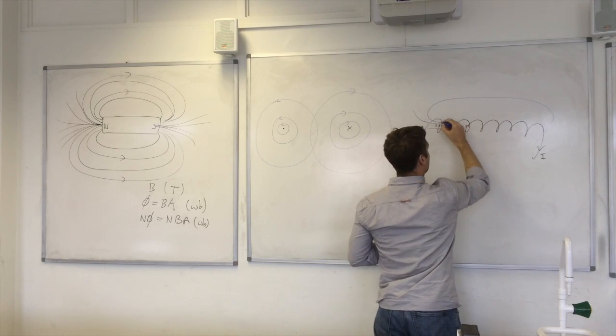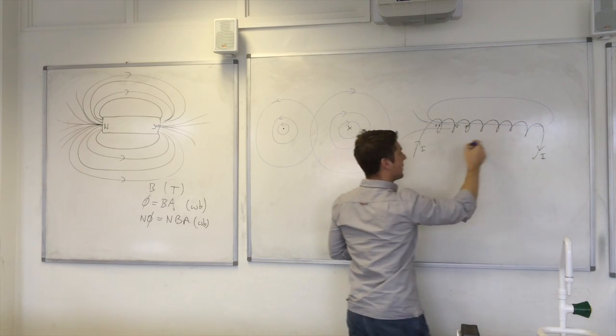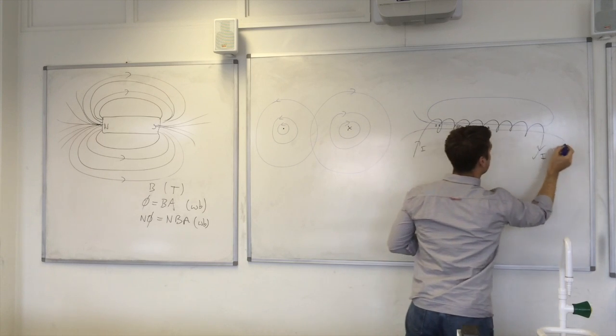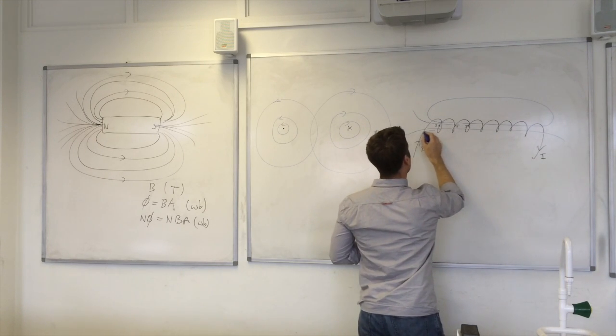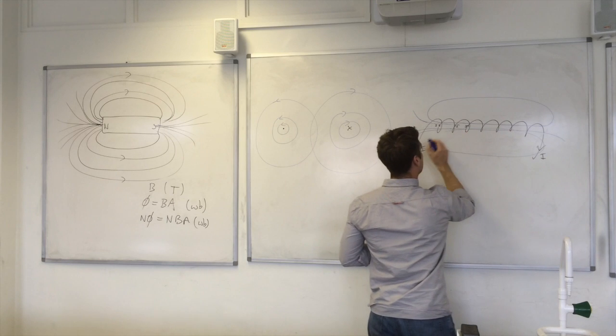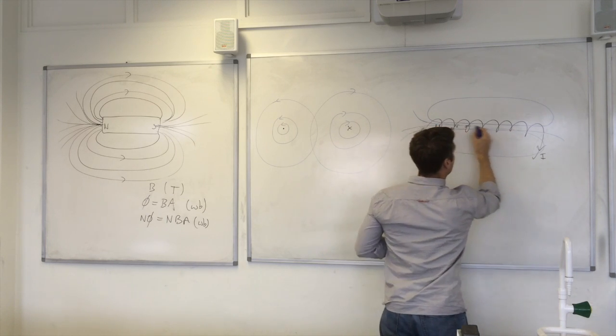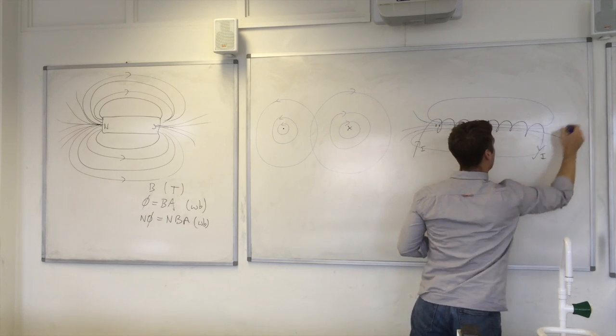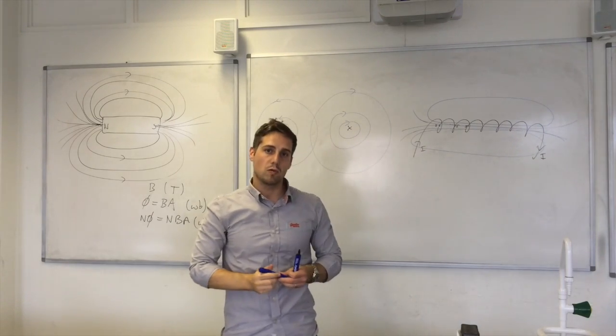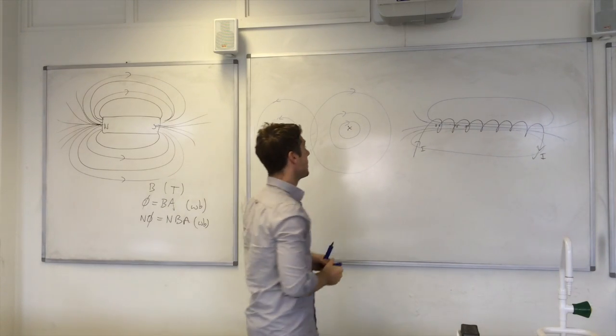That would be true at whichever point on the coil you looked at. So you'd get something like a permanent magnet, and this setup is called an electromagnet.